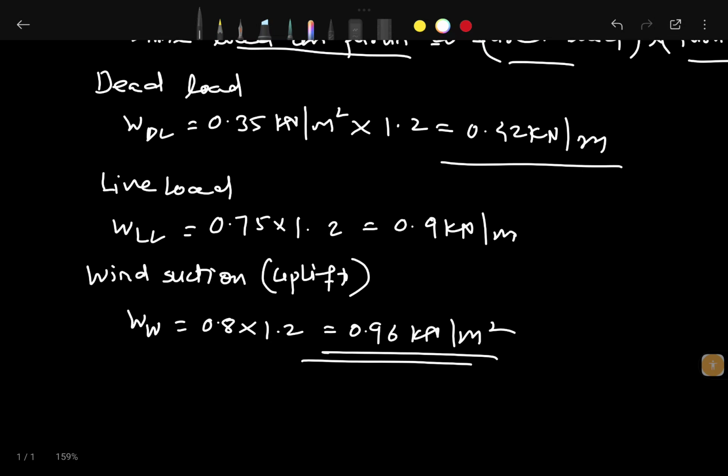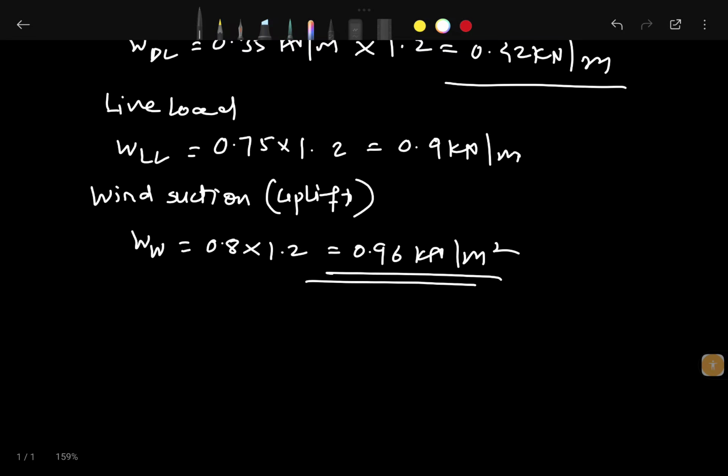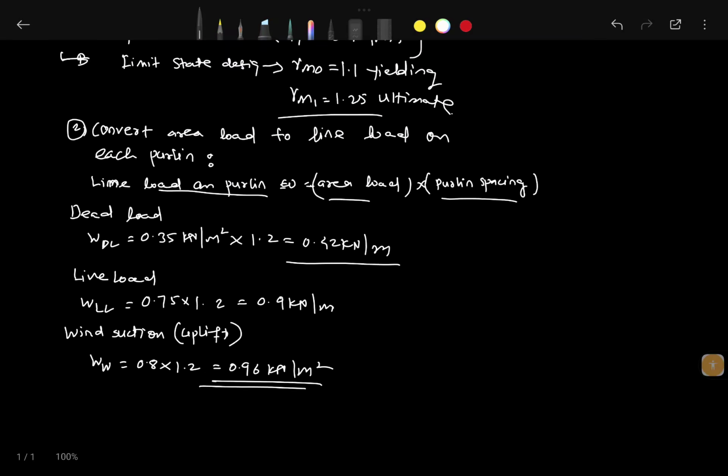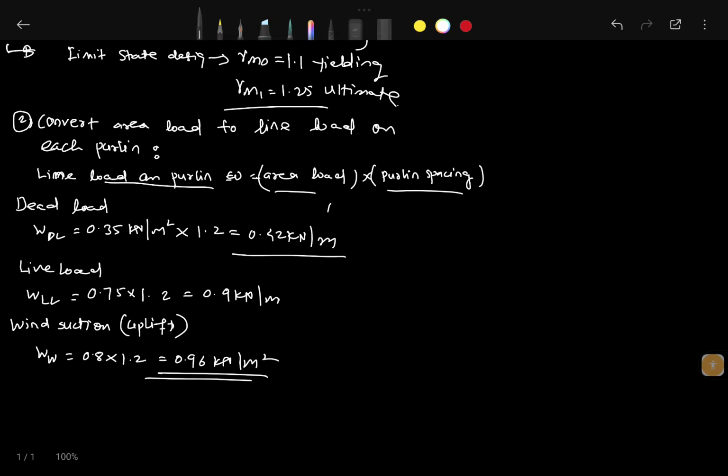Now we add all the dead load factor and upward factor. Dead load or live load will act downward, but this wind load acts upward. This is the uplift force.